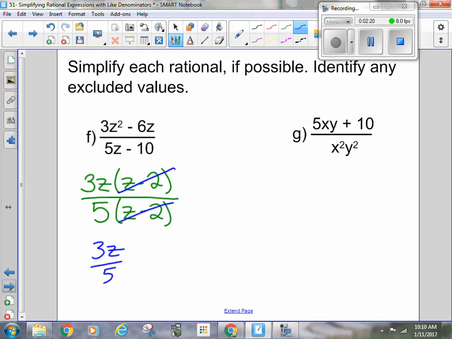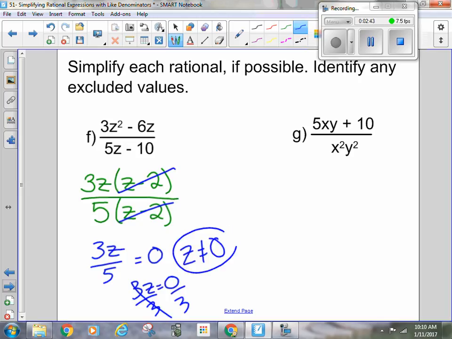And then to find my excluded value, I need to set my denominator equal to 0. So multiply both sides by 5, I get 3z equals 0, divide by 3. z cannot equal 0.